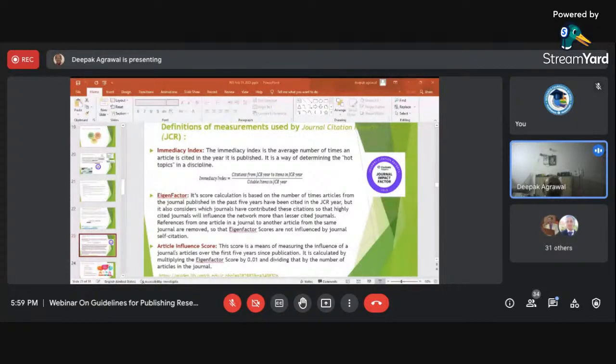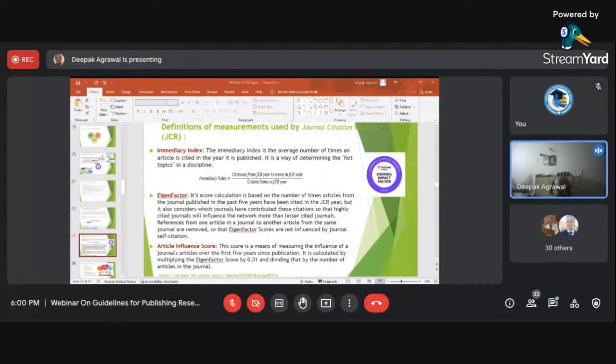Means you have published your paper in one of the Web of Science publications, and your publication has been cited by a few large impact factor based journals. That contribution is calculated with the help of the Eigenfactor.